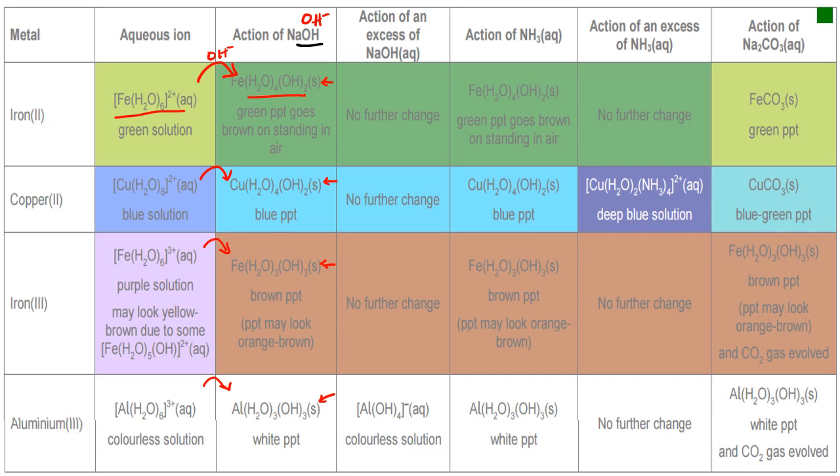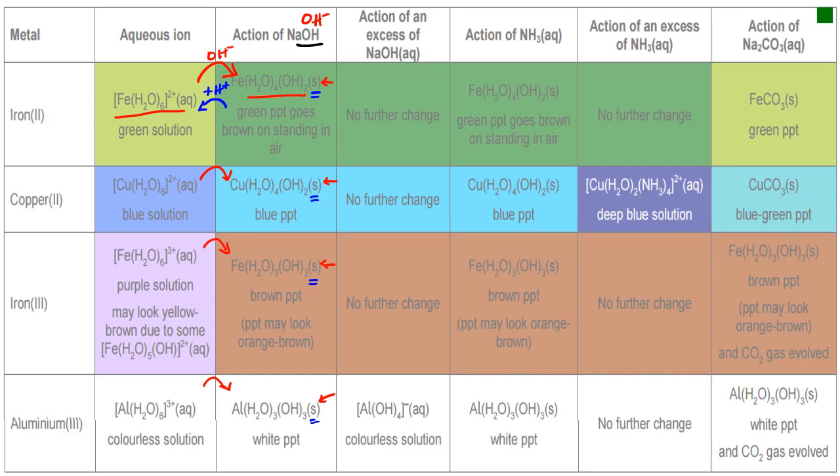Next thing to consider, I'll just switch colour, let's go to blue, is the reversibility of this reaction. Okay, so when you do the opposite, i.e. you add hydrogen ions in the form of, say, dilute hydrochloric acid or sulfuric acid, you're going to redissolve the precipitates. These are all precipitates of various colours, and you're going to redissolve those precipitates.